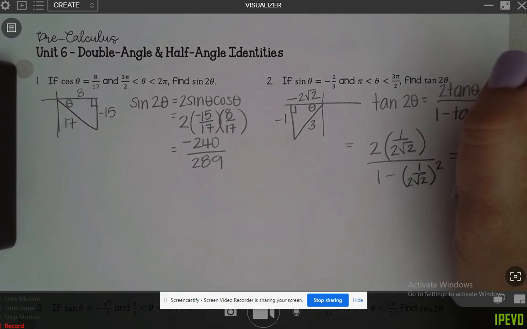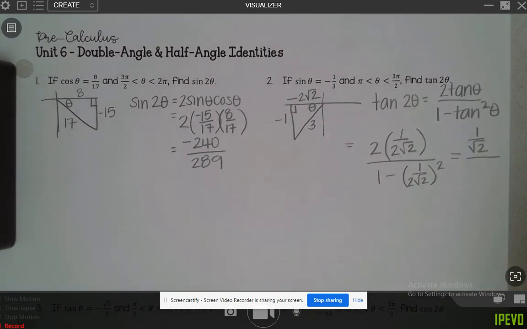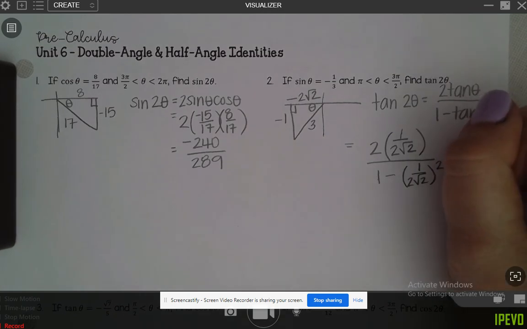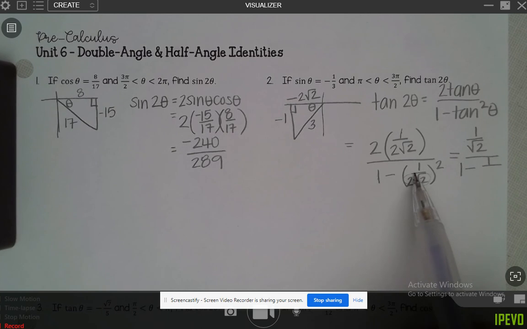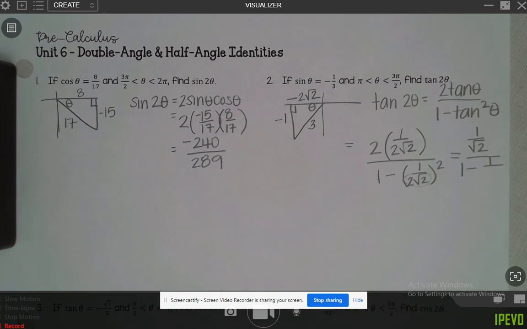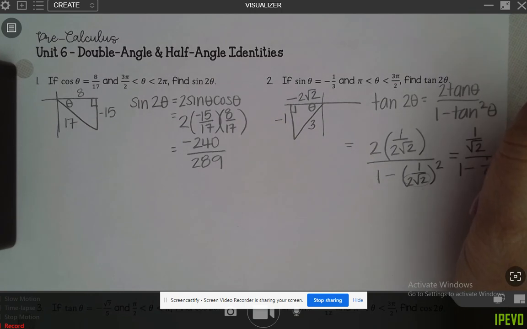So this becomes 1 over radical 2, divided by 1 minus 1 over, and when you square this, you have to remember to square everything in the denominator. 2 squared is 4. Radical 2 squared is 2. So this becomes 1/8.